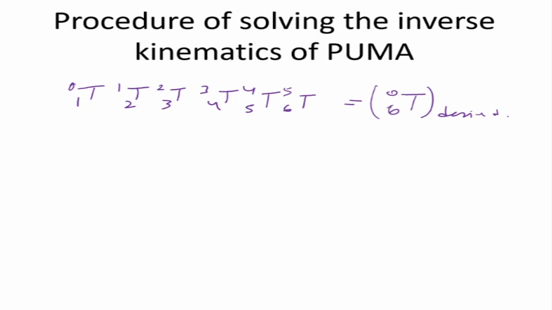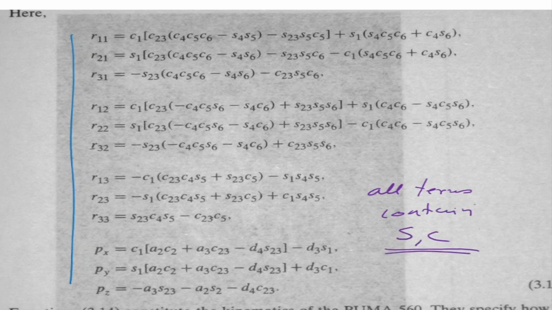Now, it has been seen that if you multiply them all together in one shot, then T0 to 6 is this. R11, R12, R13, and each of these R's are like this. It shows that the R's and the Px, Py, Pz, all terms contain sine and cos, and you cannot solve from this set of equations.